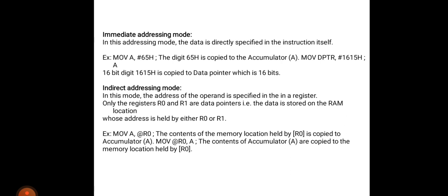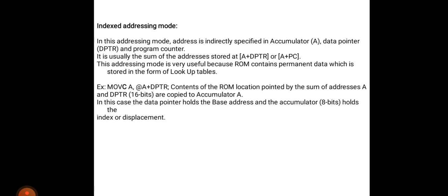Then the last one is indexed addressing mode. In this addressing mode, the address is indirectly specified using the accumulator, data pointer DPTR and program counter. It is usually the sum of the addresses stored at A plus DPTR or A plus PC, meaning program counter.